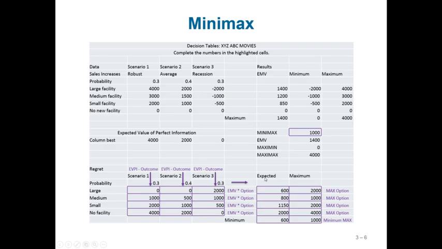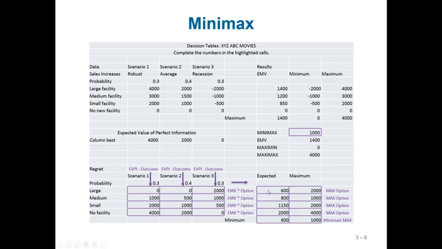Then you want to take, in terms of an expected value, the expected monetary value for each option. So 30% times 0 plus 40% times 0 plus 30% times 2,000 gives you 600. So again, you're summing up all of those.